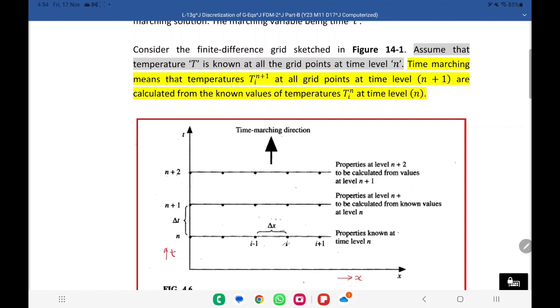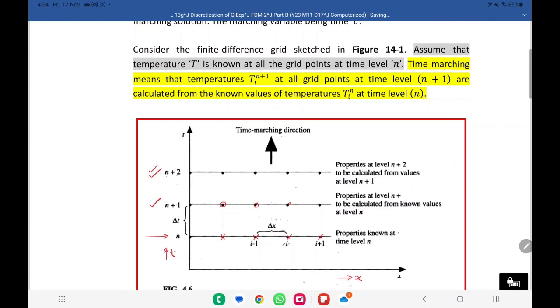Now what happens is, if you want to find out temperature at any of these points, you will find it in terms of these points. So these values are known. From there you find this value. Once these are known, you find these values. This is called time marching.